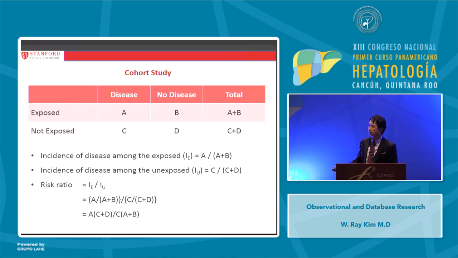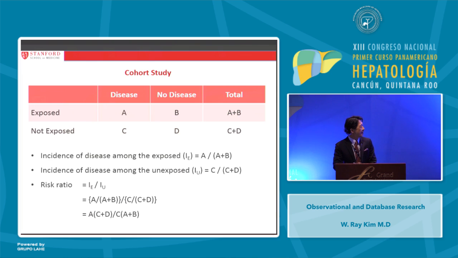And here, people who did not have surface antigen. Some do develop HCC, even though they don't have hepatitis B. Others don't develop HCC. So at the end of the day, you can calculate the incidence of disease among the exposed. Here, incidence of disease among the exposed is A divided by A plus B, right? That's easy. Following me so far?